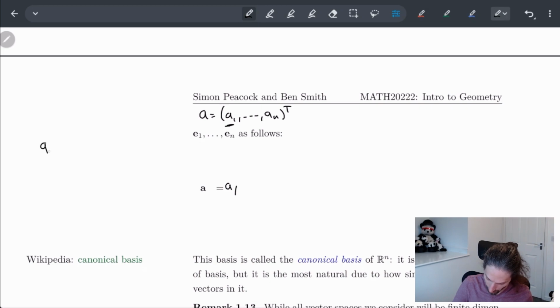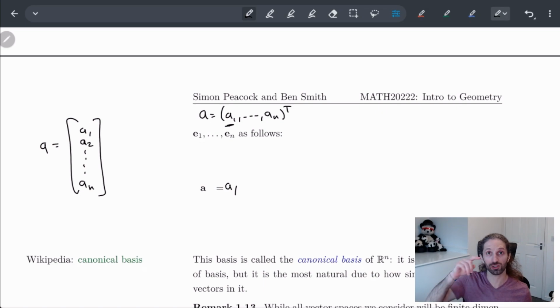Actually, let me write it this way, so we can see what it looks like. To take this first component, I can just take a1 and multiply by the first basis vector.